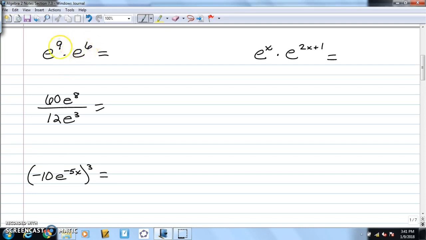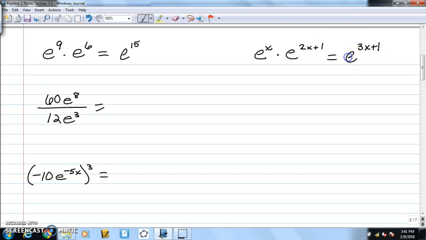Well, it's no different than what it was before. We add the exponents. So this is e to the 15th because 9 plus 6 is 15. Okay, same thing here. Bases are the same. We're multiplying these bases, so we add the exponents. So it's x plus 2x plus 1. Well, that's 3x plus 1.